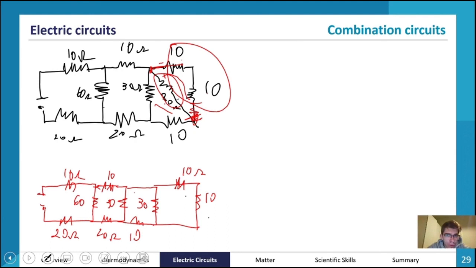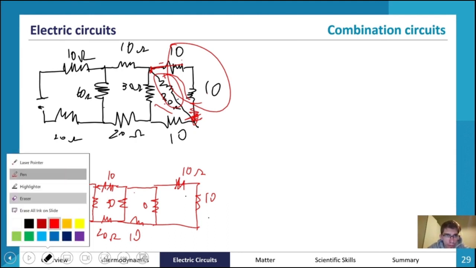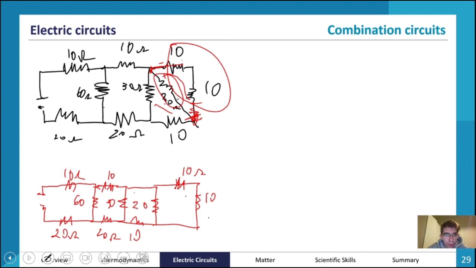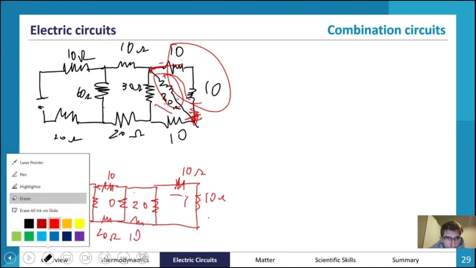But I will do something really cool, and I will make it a bit easier for us. And I will change the value and make it 20 here. That way, it's easier for us to do the calculations. Let's start. The 10 ohm and the 10 ohm here. By the way, every number here represents an ohm, right? A resistance measured in ohms.